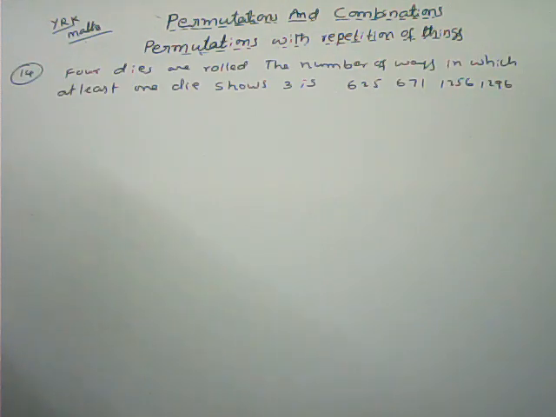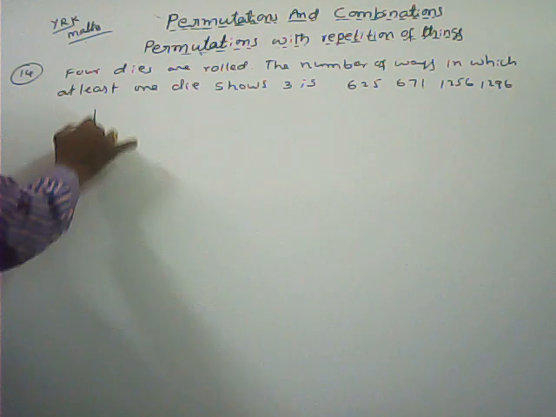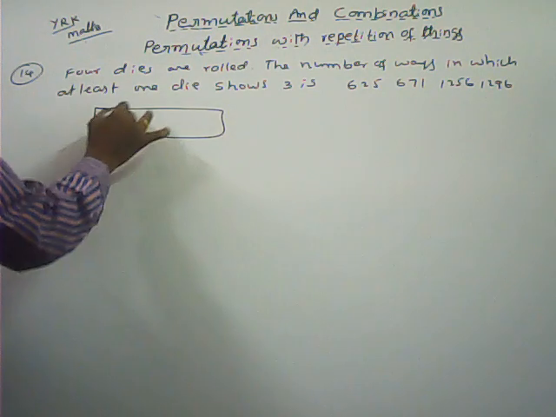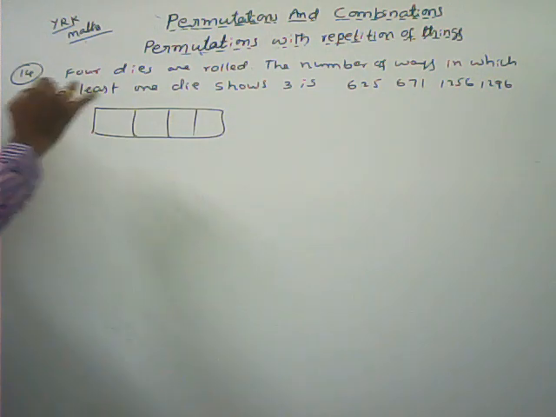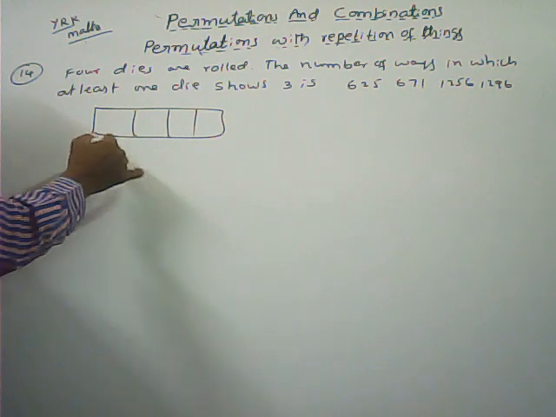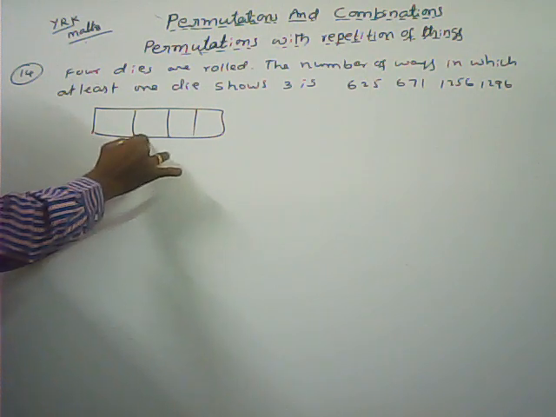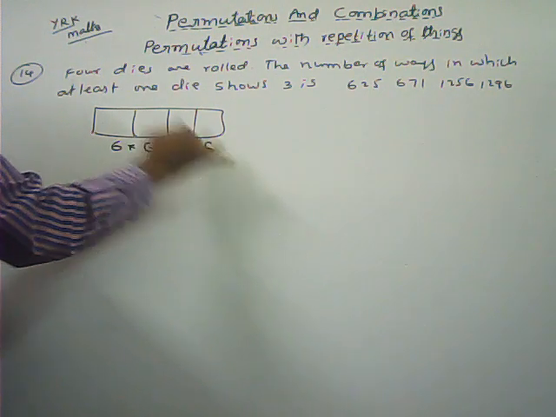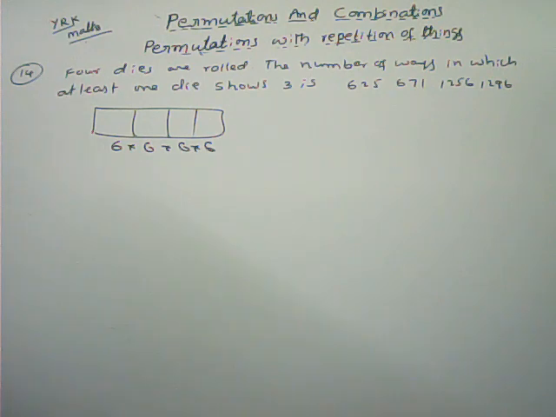Next one. 4 dice are rolled. The number of ways in which at least one die shows 3. 4 dice are rolled. So total possibilities, here we can get 1, 2, 3, 4, 5, 6. Here 6 ways, 6, 6, 6. Total 1296.